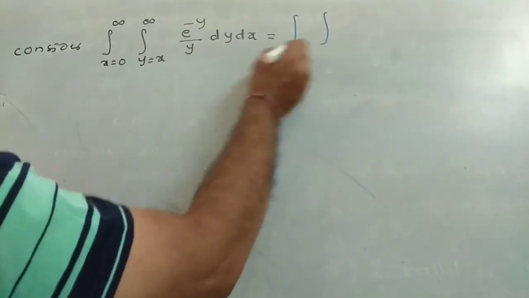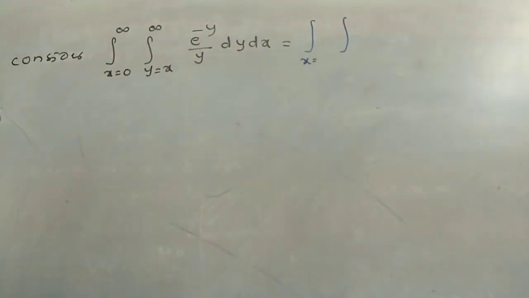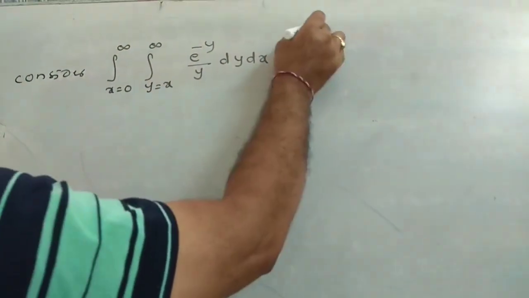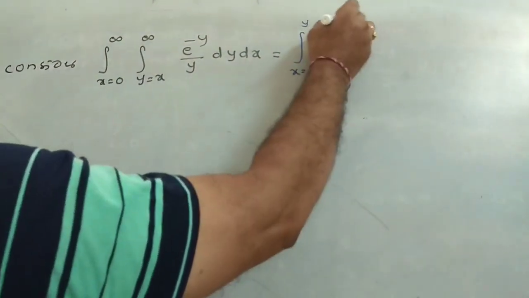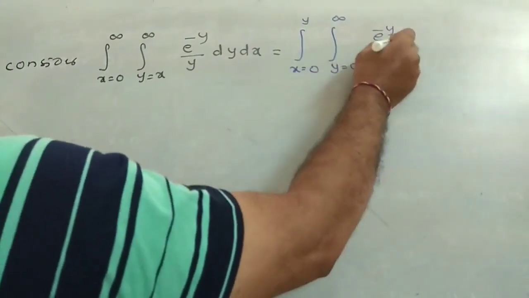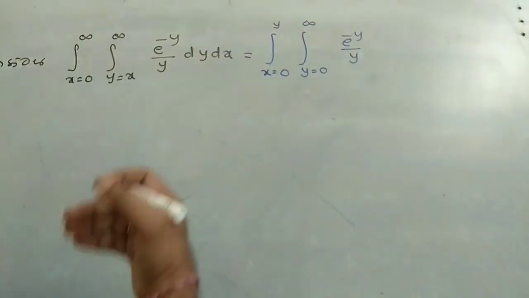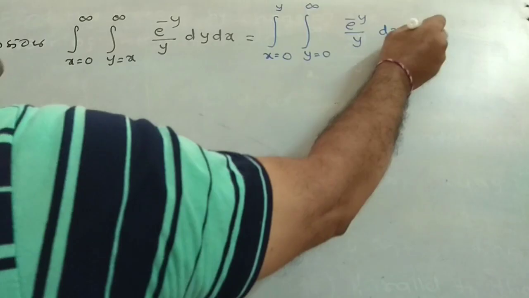The x limits are 0 to y, and next you write the y limits. It is 0 to infinity as per your calculation, and the integrand is e power minus y by y. Just you are writing dy dx, but since we are changing the order, it should be dx dy.